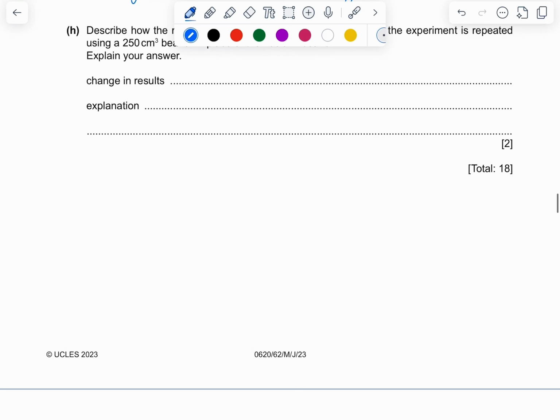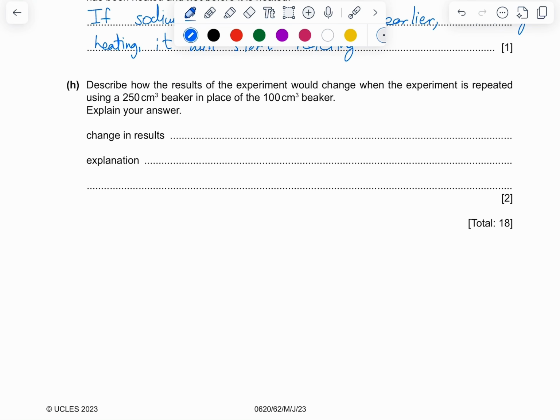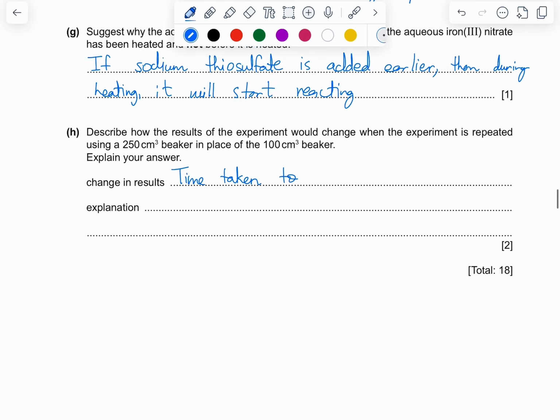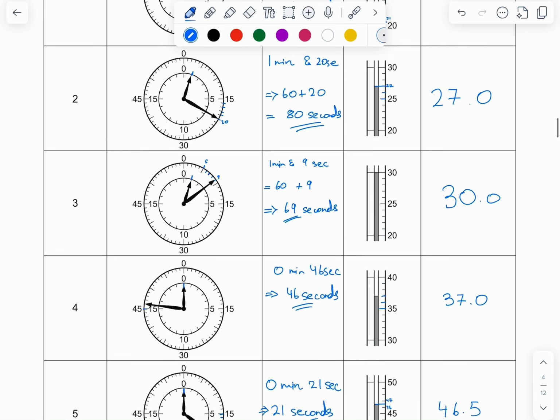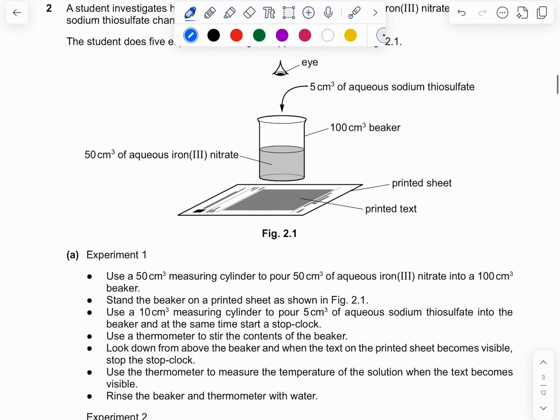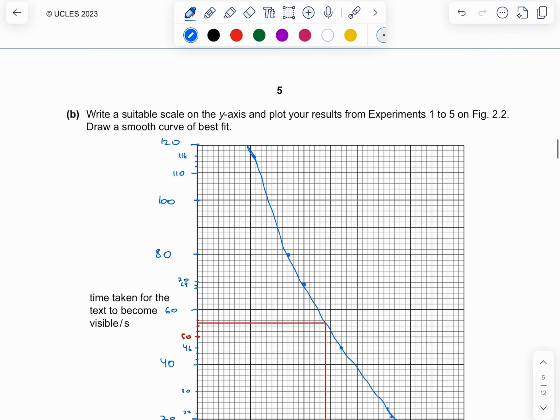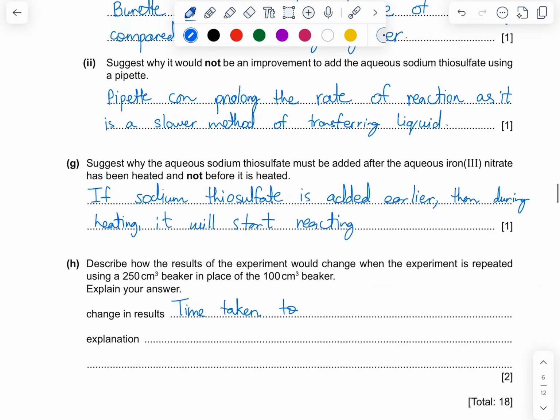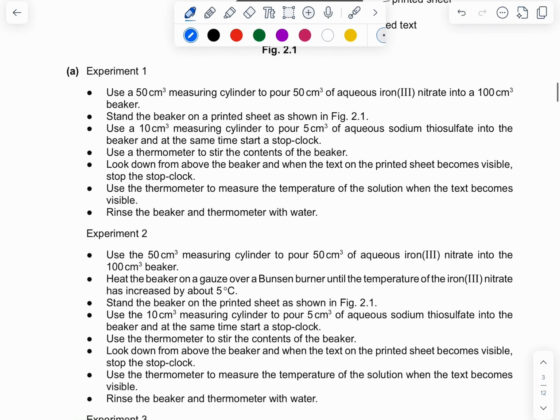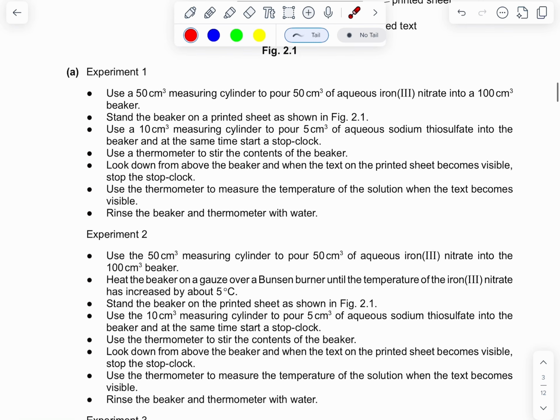So results change. Time taken to see the printed text. Let me just see what they had said. Look down from above the beaker and when the text on the printed sheet becomes visible.